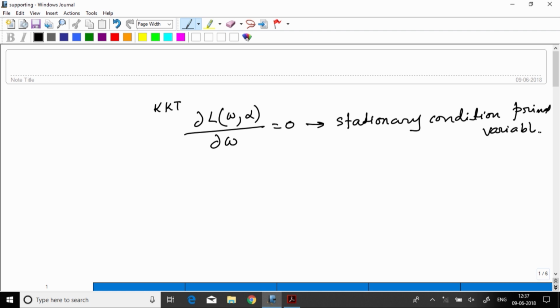And also we want primal feasibility. So we want all the constraints on W satisfied. So that is called the primal feasibility.